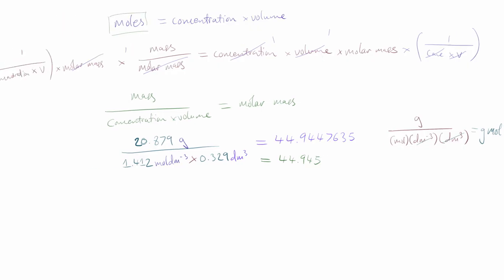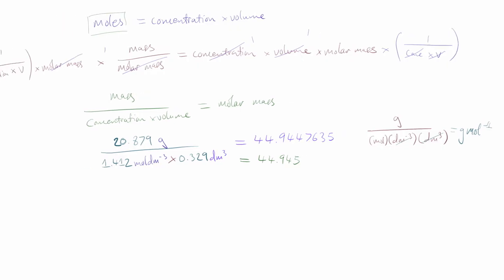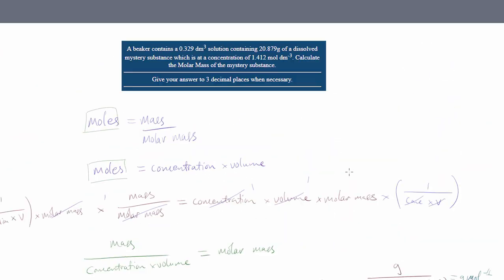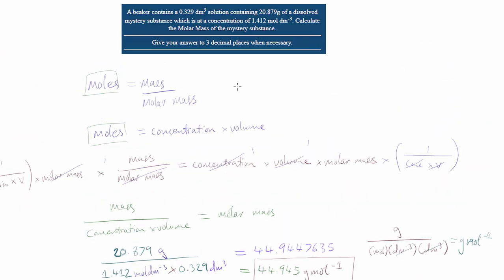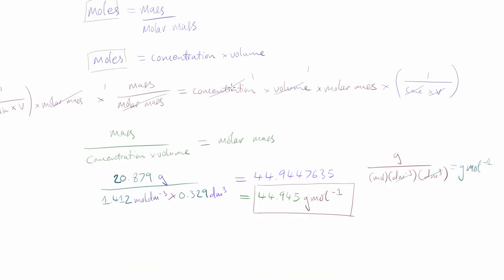So both ways, looking at what we represent molar mass as, and looking at the specific units from the prior calculation, we get grams per mole. So this would be our answer, and that complies with what we've been asked to do.